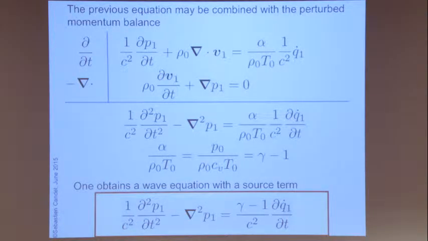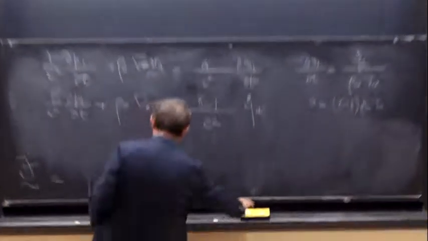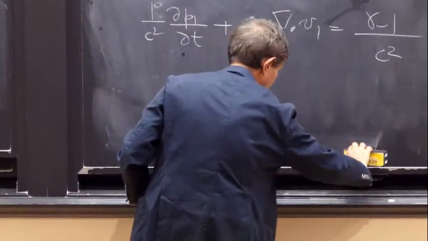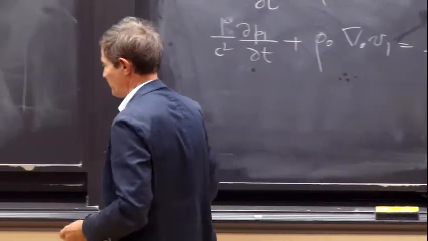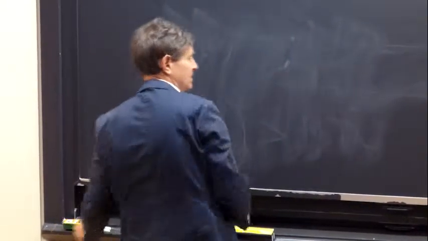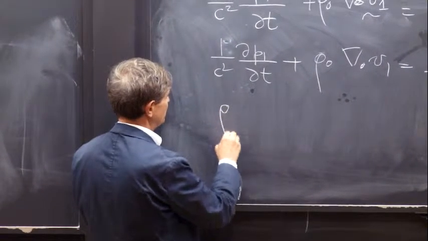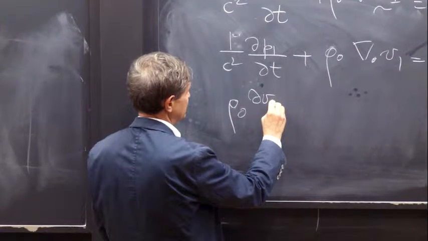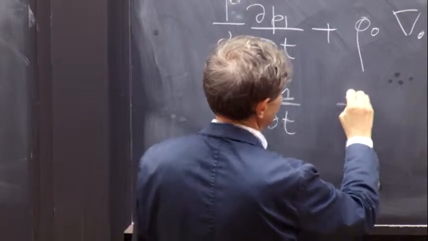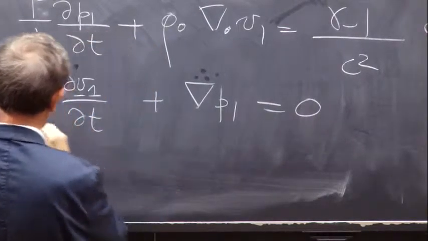Now we can derive the wave equation by combining this with the balance of momentum. The momentum equation can be written rho 0 dV1 by dt plus gradient of P1 is equal to 0.